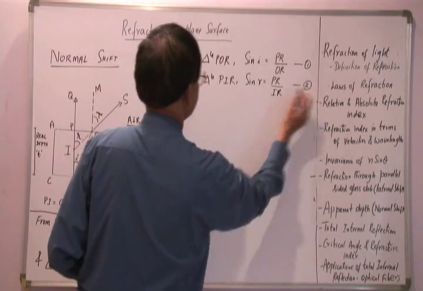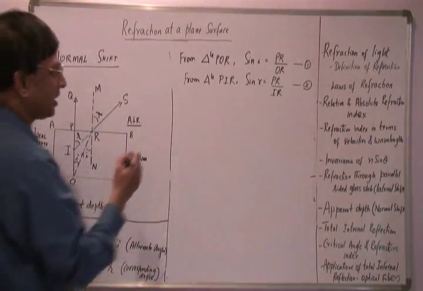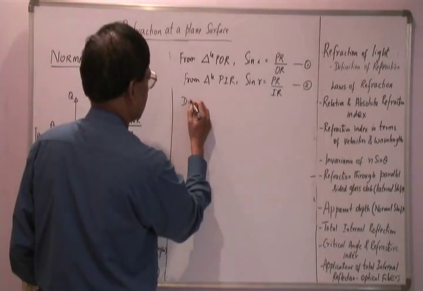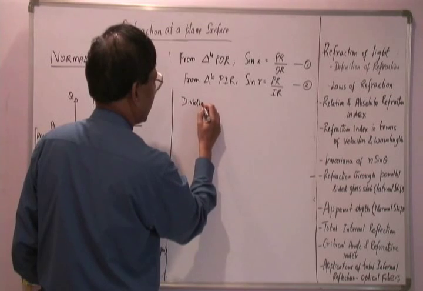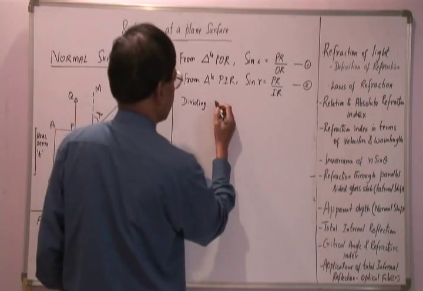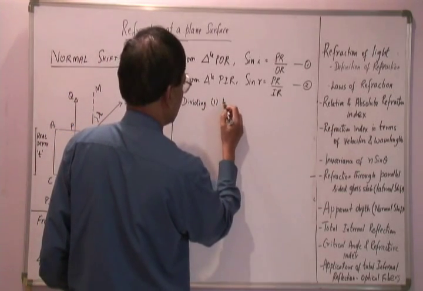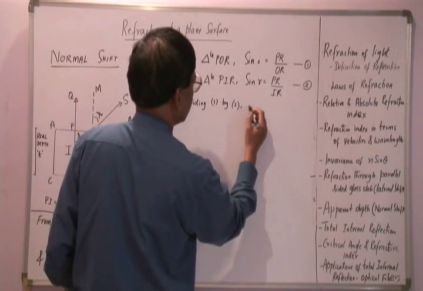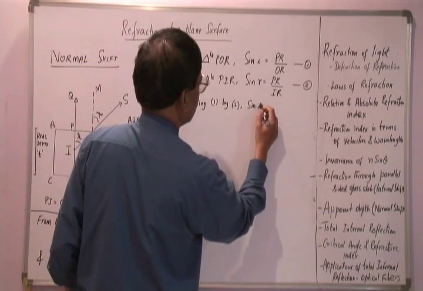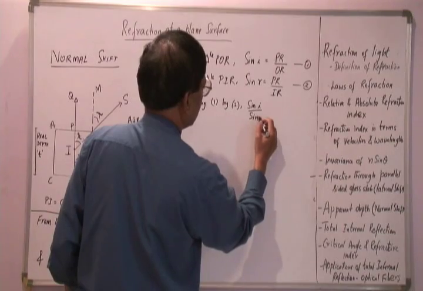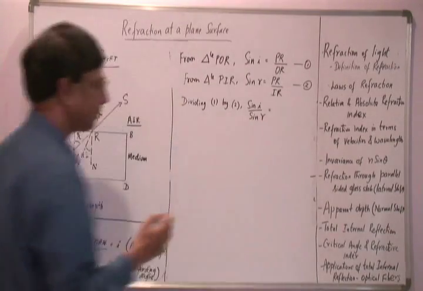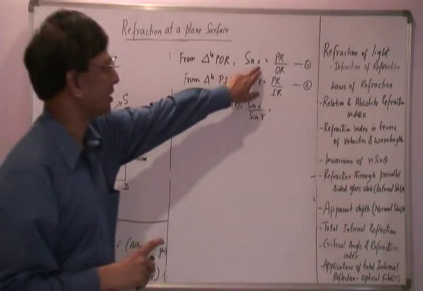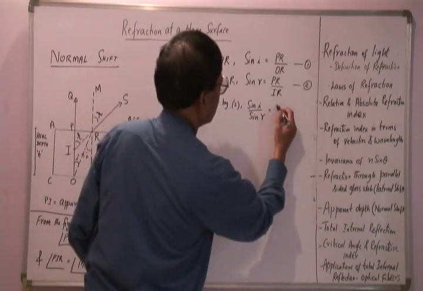I have these two equations. So dividing sin I by sin R, I get sin I by sin R is equal to PR divided by OR.